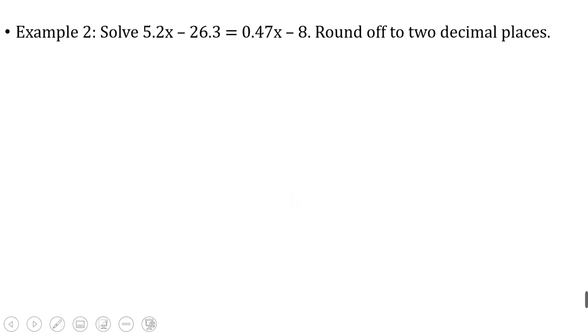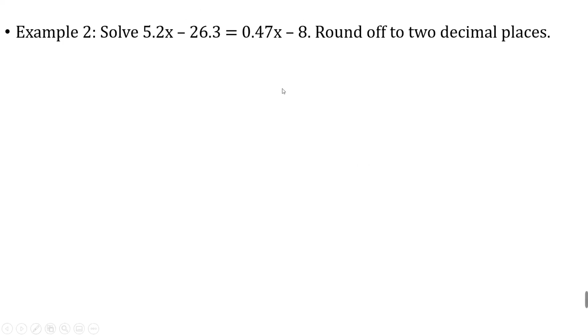Okay, so I want to move all the numbers to one side and all of the variables to the other side. I'm going to choose to move the 0.47x to the left-hand side. And the reason is because I like it better when the numbers come out positive.